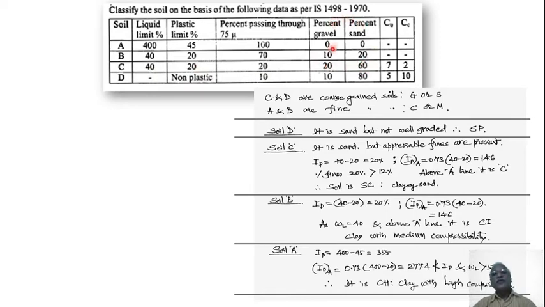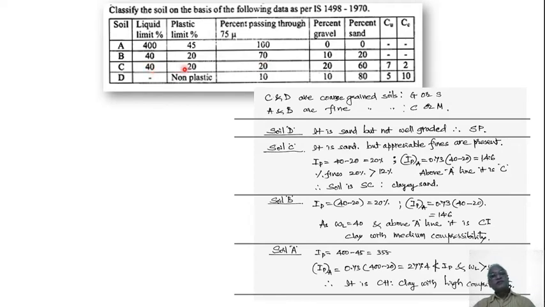Now if you compare the percentage of gravel and the percentage of sand, 20 and 60, out of the 80% left over, more is sand, that's why it is sand. Now though it is sand with Cu greater than 7 and Cc between 1 and 3, we cannot say that it is well graded or poorly graded sand, because the percentage of fines is more here, that is 20%.